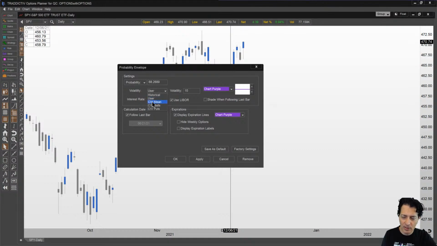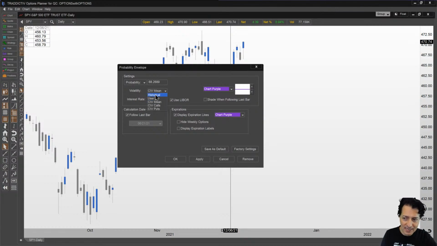Let's say you think, no, I want to project the implied volatility built into the puts and calls, the real time, continuous implied volatility mean, which is the mean between the calls and the puts. So project that for me automatically. It's going to take the real time implied volatility and project that into the future, expecting the price to move as suggested by the prices of options, which have volatility built in. It's called implied volatility. If you're an options trader, you know that by heart.